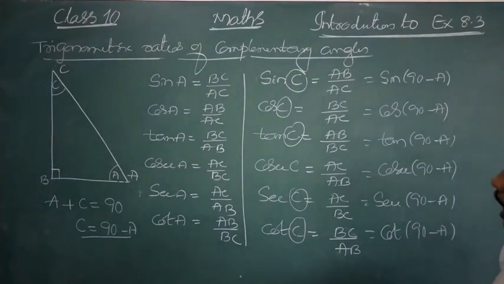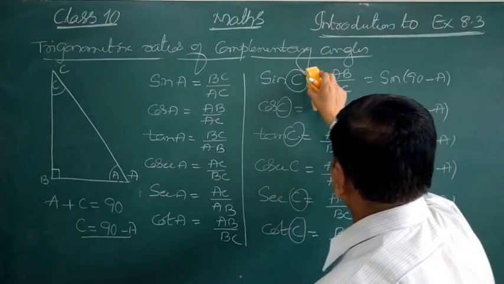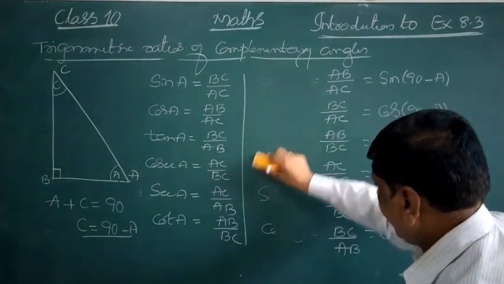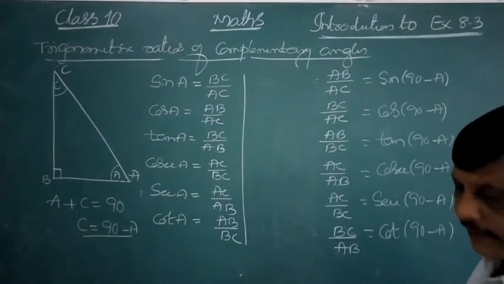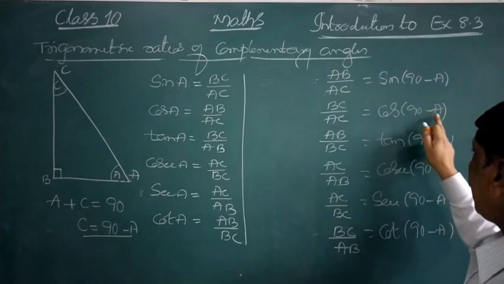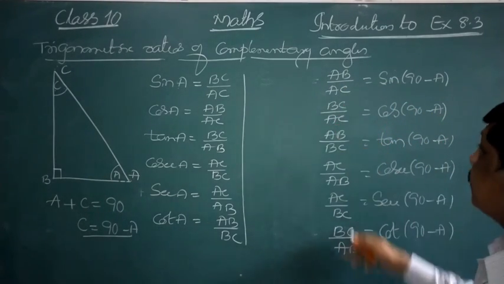Okay, see here, I am going to erase all these results. Next, here it means that sin of 90 minus A equals AB by AC, cos of 90 minus A equals BC by AC, and so on.